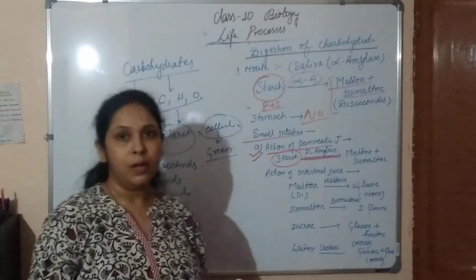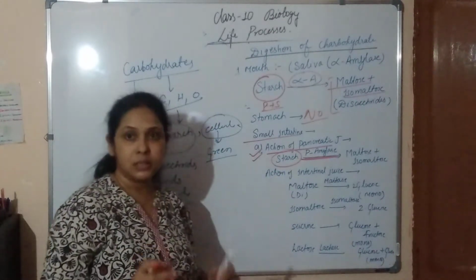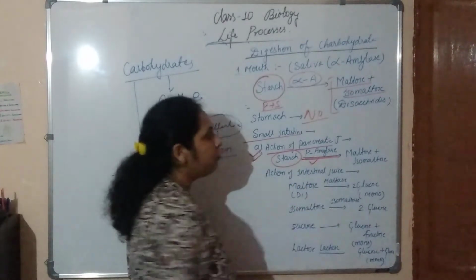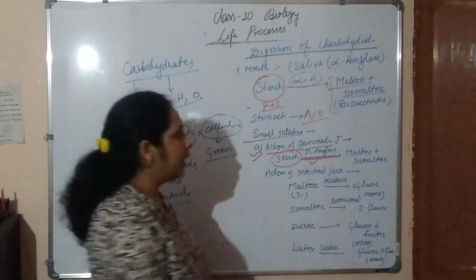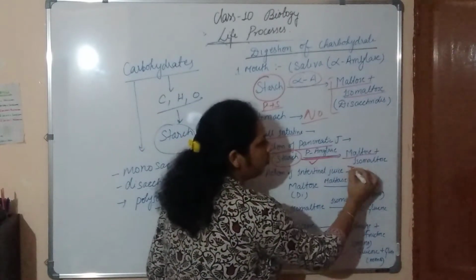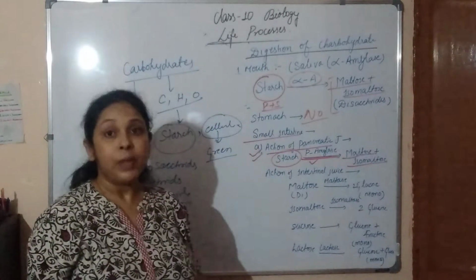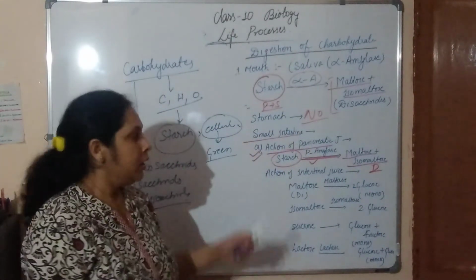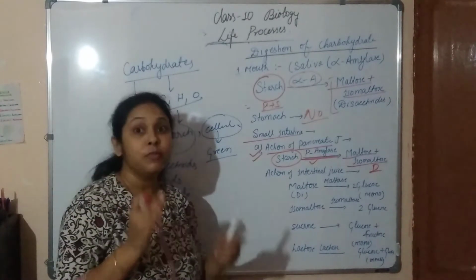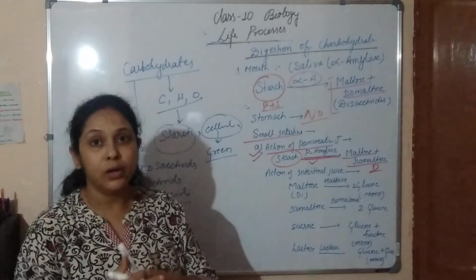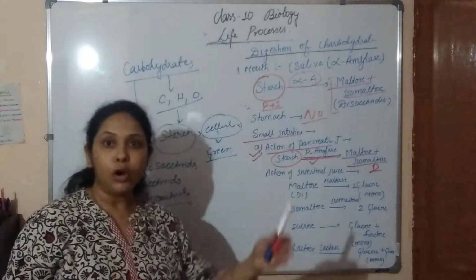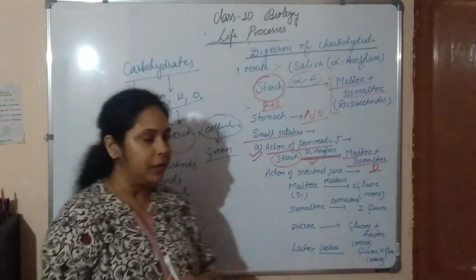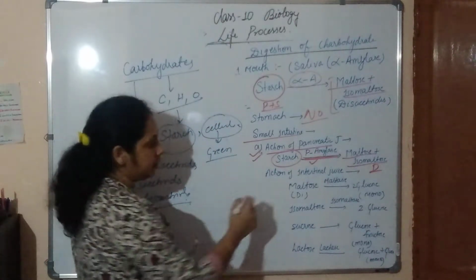Whatever starch is still present in the food is broken down by pancreatic amylase into maltose and isomaltose, which are also disaccharides. But we have to break the carbohydrate down to monosaccharides, from poly to mono. So here digestion takes place only up to the disaccharide.